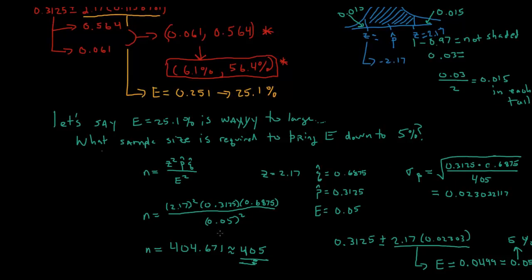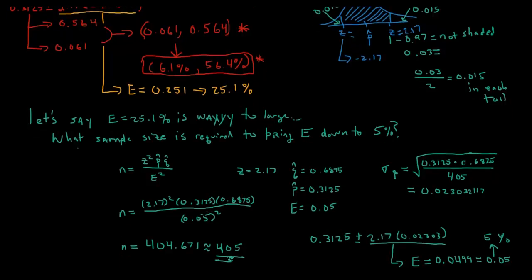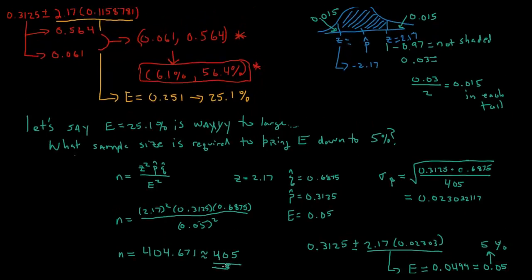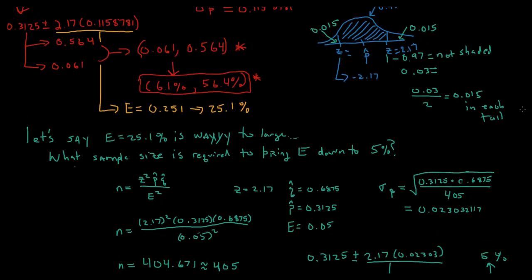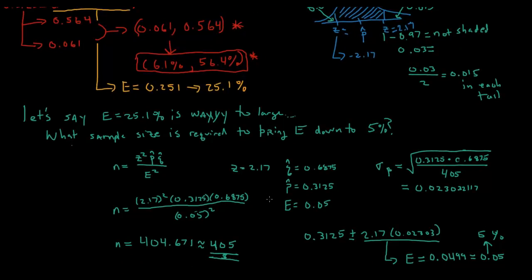Yes, by increasing the sample size to 405. Okay, so that was true when we were estimating means, and now it's true when we're estimating proportions. You can always increase the sample size and shrink your margin of error. The only other way to shrink your margin of error is to decrease confidence, which we don't want to do.